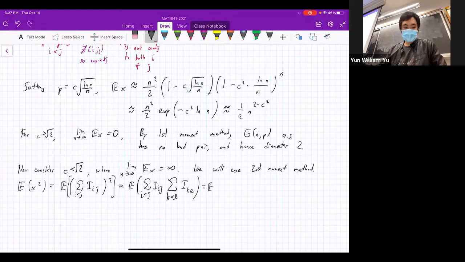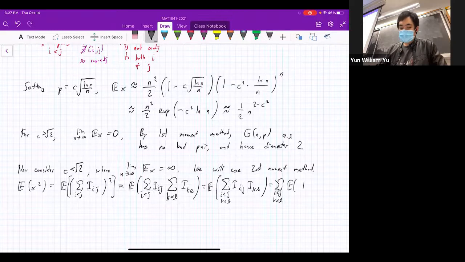Which is equal to the expectation, where we can combine both of the sums together, so i less than j and k less than l of I_ij and I_kl, which is equal to the sum over i less than j, k less than l of the expectation of I_ij and I_kl.